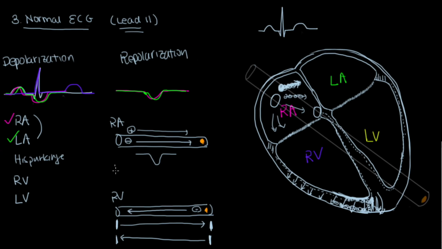Again, in the right atrium, we started from the SA node moving all the way down to the AV node. The order in which we depolarized was from the SA to the AV node. The direction of repolarization is also from the SA node to the AV node.